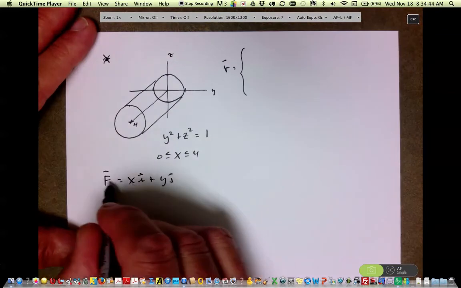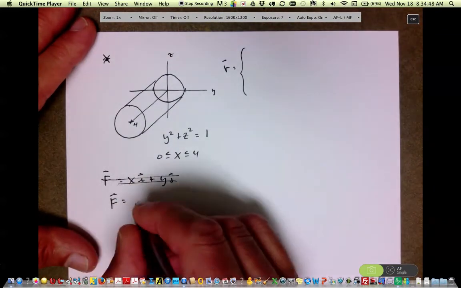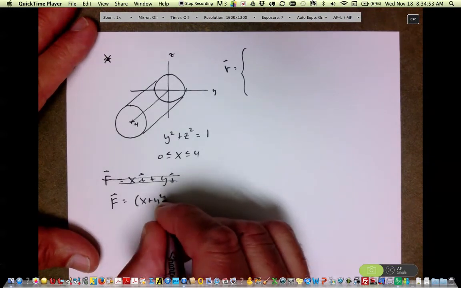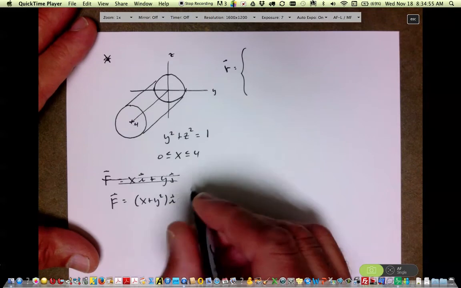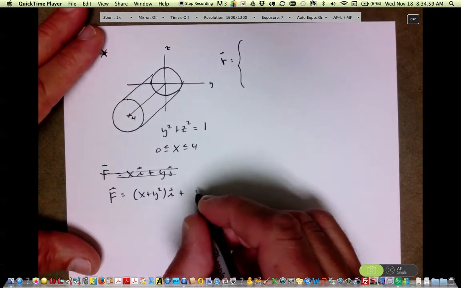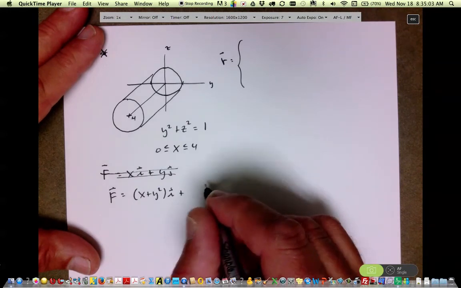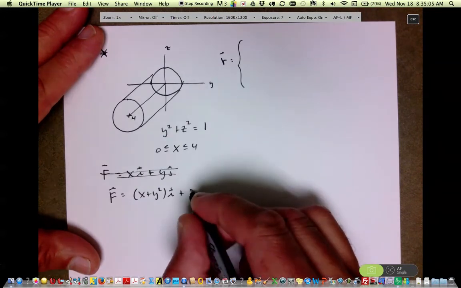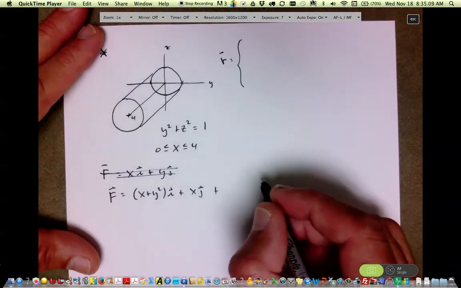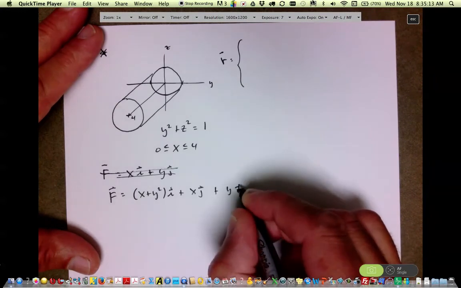Sorry, scratch that. Looking at the wrong problem. F is (x plus y squared) i plus x j plus yz k.